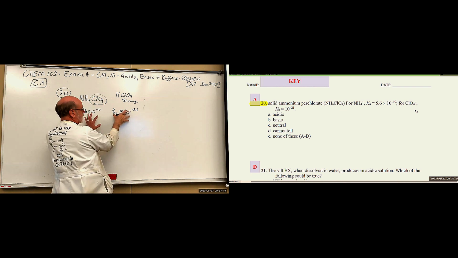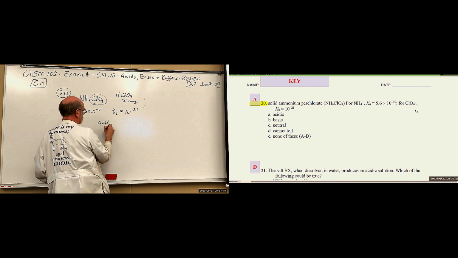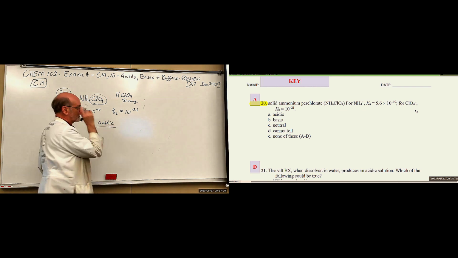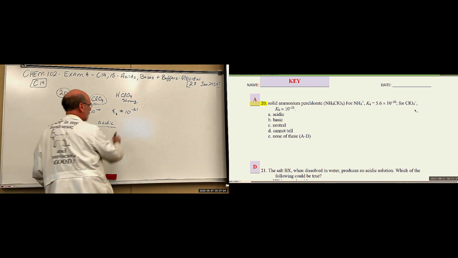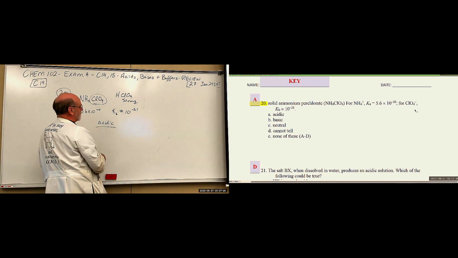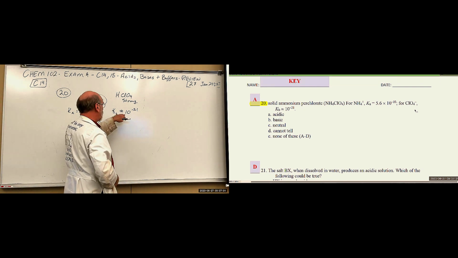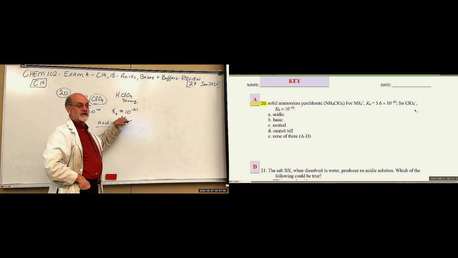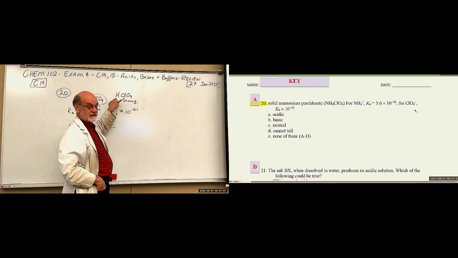This just confirms the fact that this solution is going to be acidic. I don't even know how they got that value. That is a very, very weak conjugate base, and that stands to reason because this is a very strong acid.